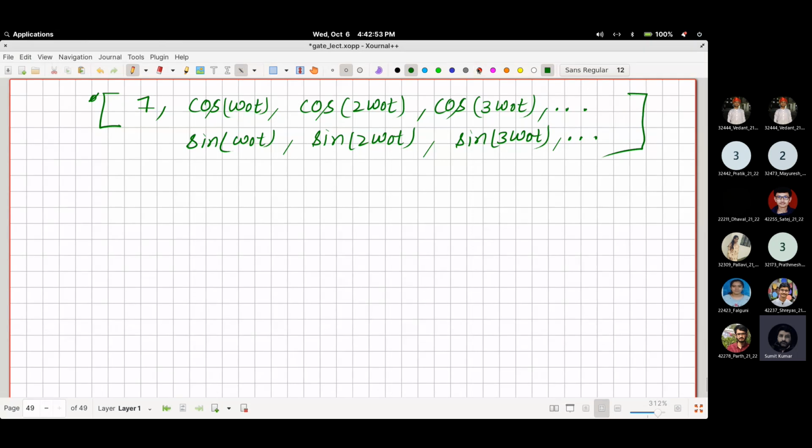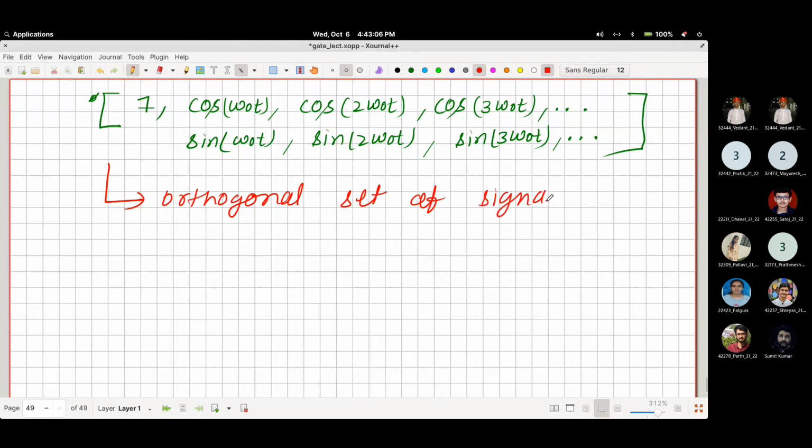So this here is an orthogonal set of signals between time 0 to t naught, but it can be any time period of t naught.